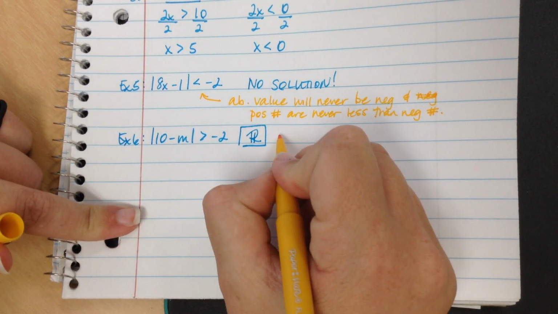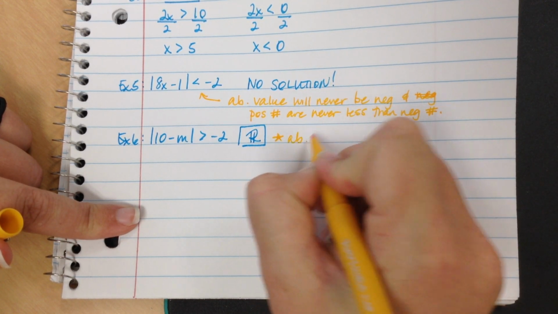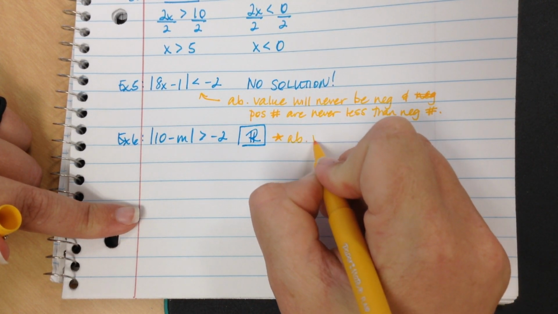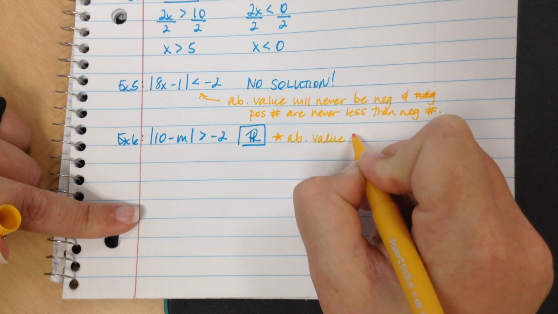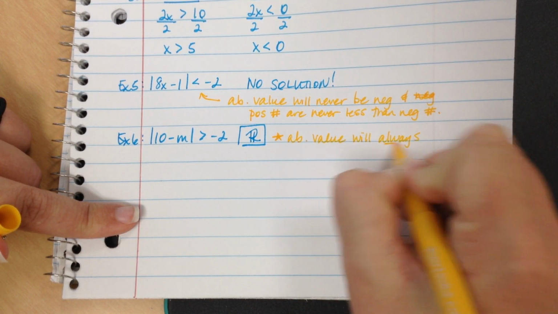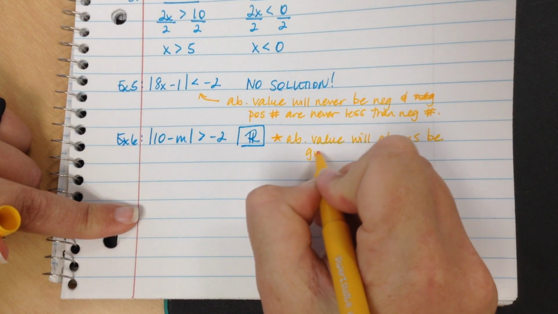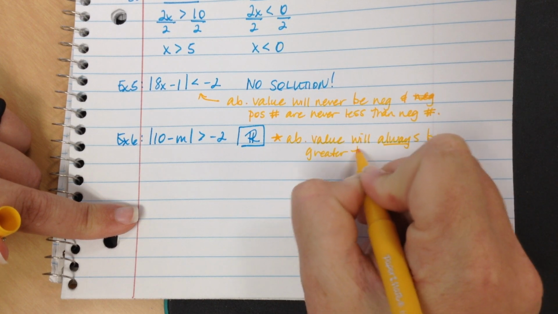So, write yourself another note. Absolute value will always be greater than a negative number.